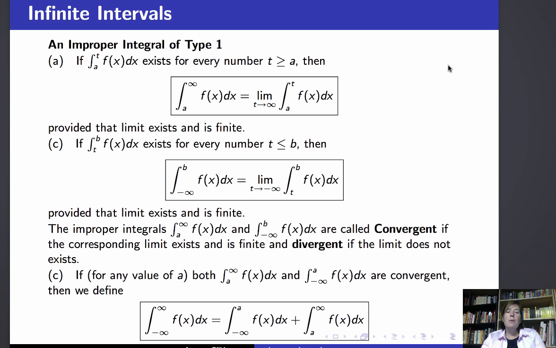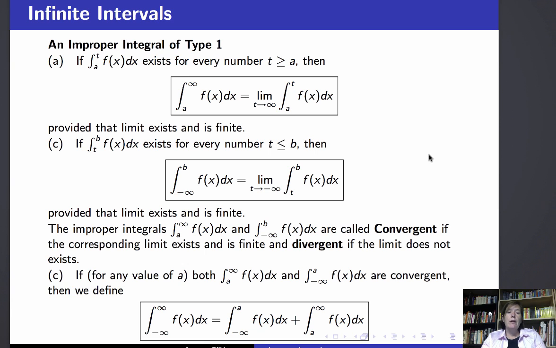Now suppose we want to integrate a nice function from minus infinity to b, and assume also that f of t exists for every t less than or equal to b, and that the integral from t to b exists for every t less than or equal to b. Then we define that integral as the limit as t approaches negative infinity of the integral from t to b of f of x dx.